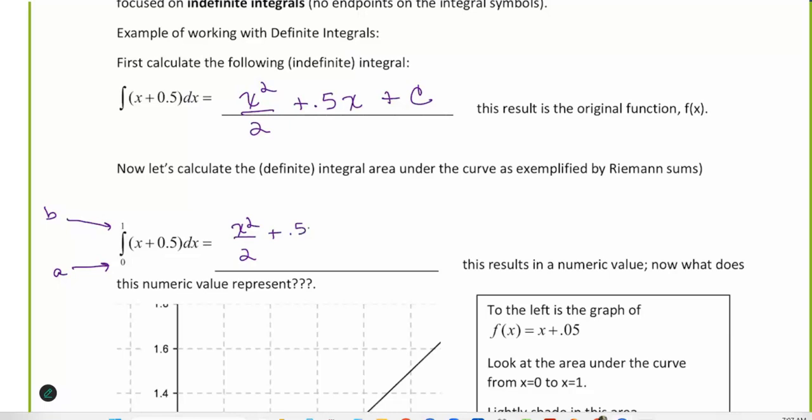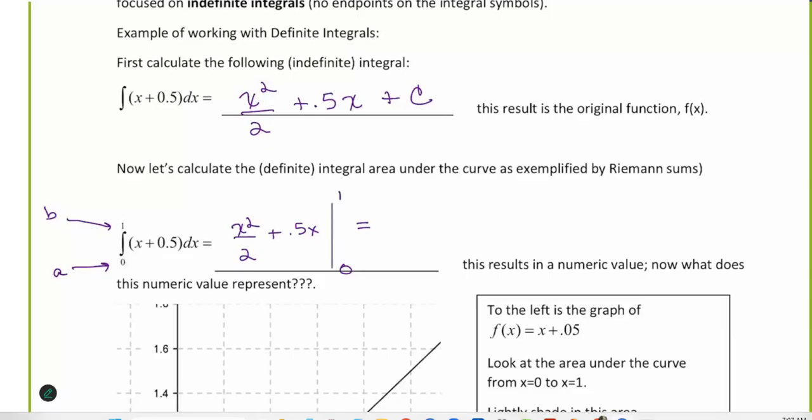But now what's going to happen is I'm going to draw a vertical line right here. The top of the vertical line, I'm going to put the 1. At the bottom of the vertical line, I'm going to put the 0. Then I'm going to do the following math. I'm going to plug in the 1 wherever I have an x.